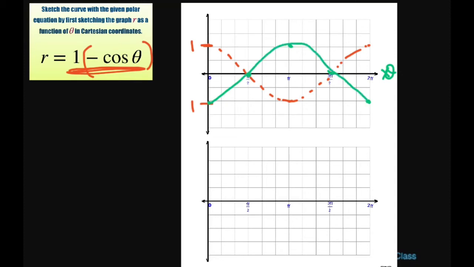Now, this 1 just means it's a shift up by 1. So instead of starting at -1 here, we're going to start at 0, and since we're shifting up 1, we go up to 2. So it's going to be 1, 2, back to 0, back to 1, back to 0.